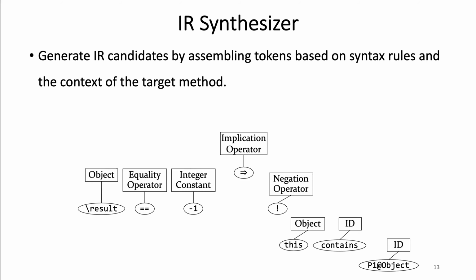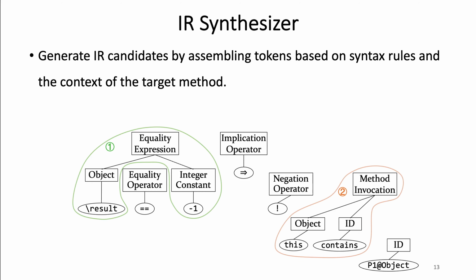Then in the first iteration, we can construct these two incomplete ASTs based on specification syntax. Note that the reason that \result and -1 can be assembled together is that the return type of the target method is int.